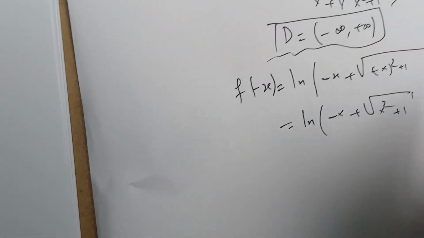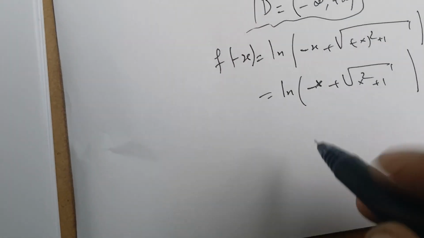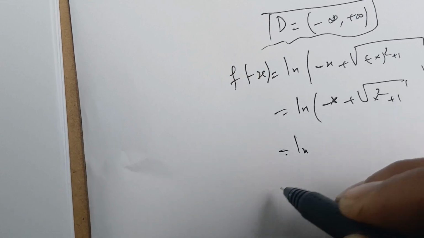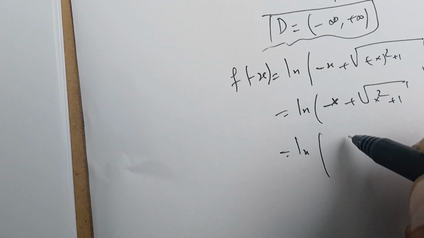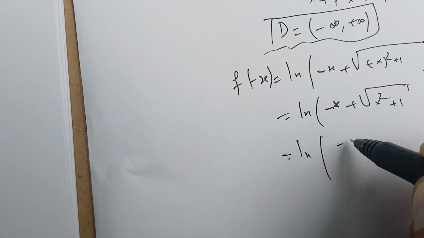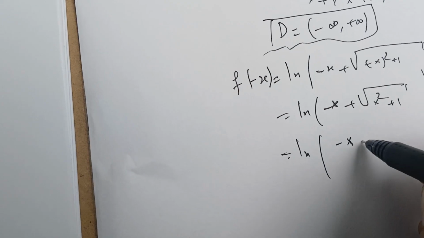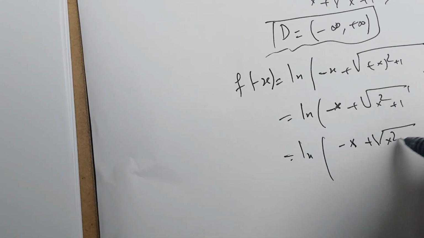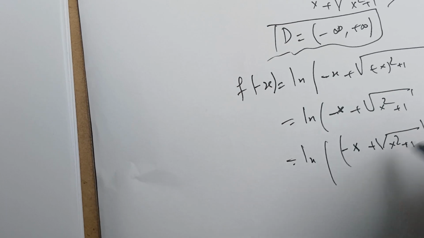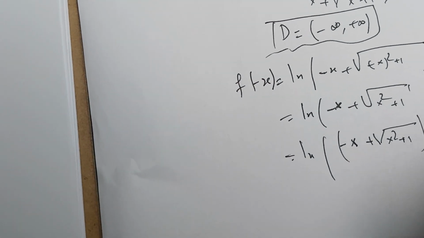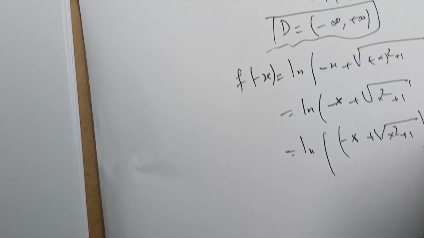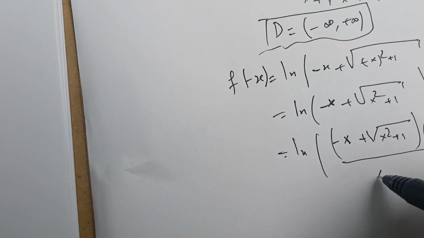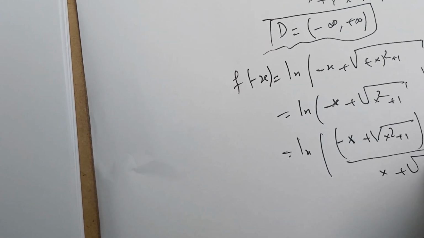Okay. Now to get our result here, we multiply by the conjugate. So we're going to multiply by minus x plus square root of x squared plus 1, by x plus square root of x squared plus 1, over x plus the square root of x squared plus 1.